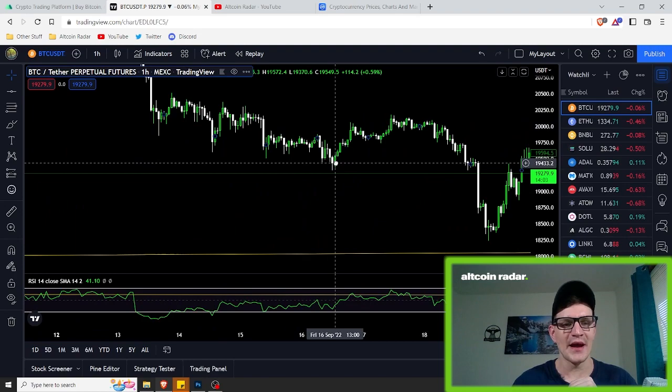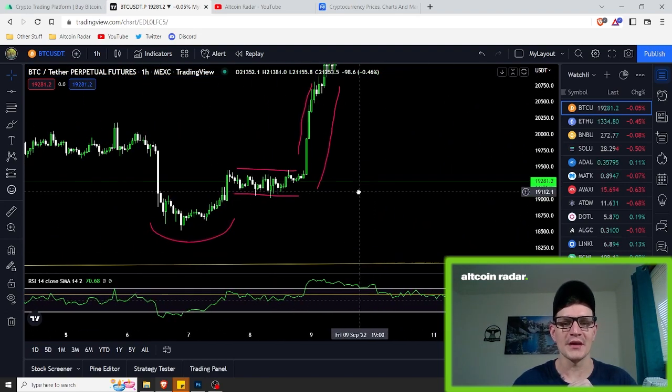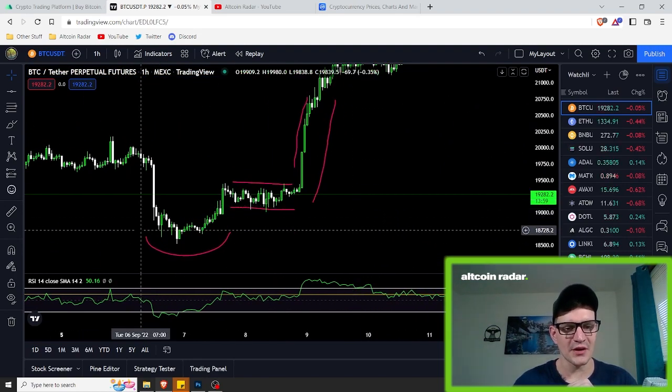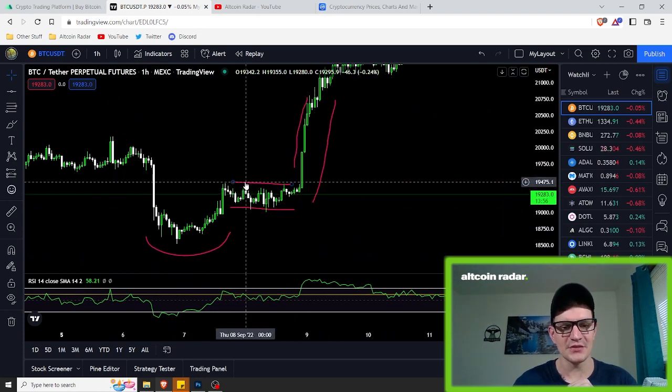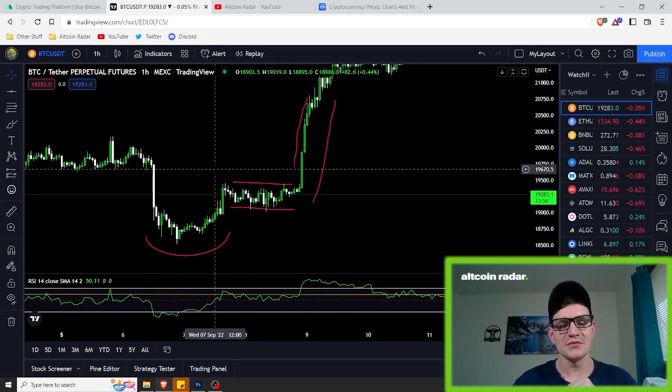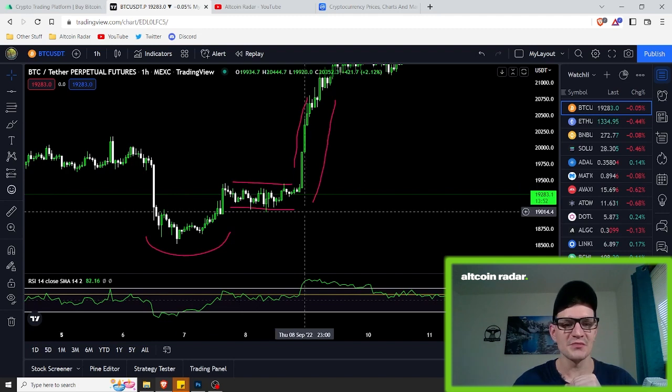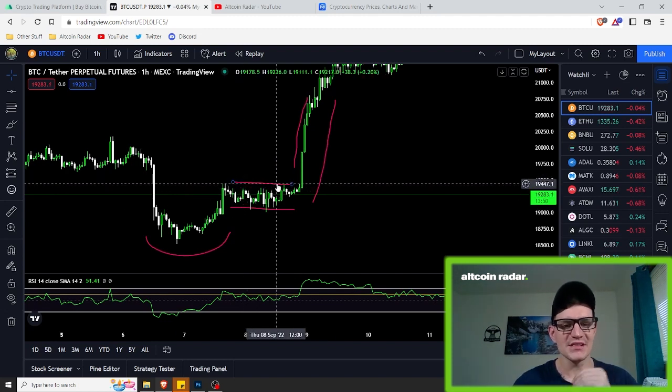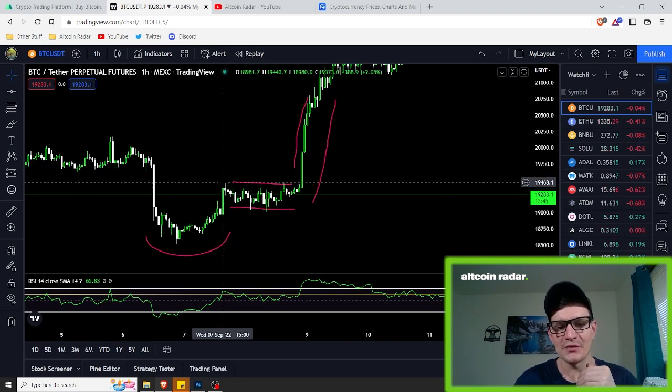So we're going to take a look at a better example. If we go back a little further, we've got one right here. You can clearly see we've got our cup right here and our handle right here, a downward sloping wedge pattern. It might look like the lines are straight, but they're really not. They are downward facing.